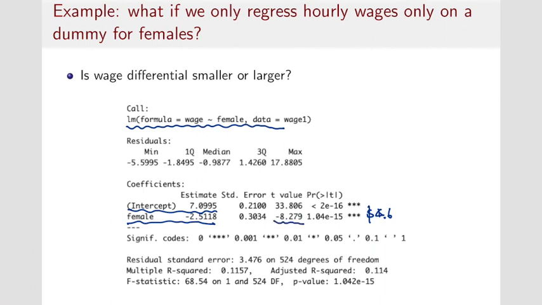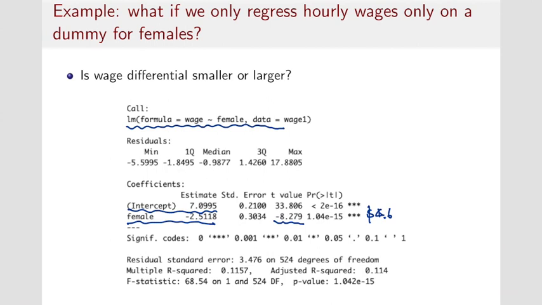The t-value for the coefficient beta 1 hat is quite large, so the wage difference is statistically significant. Of course, the $2.51 wage difference is also economically large.